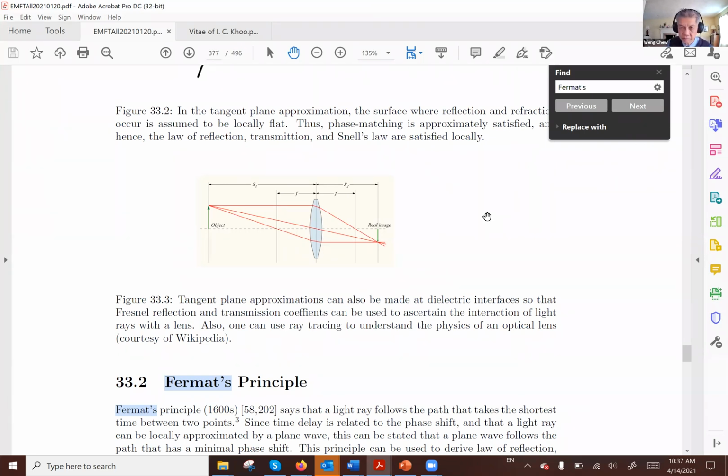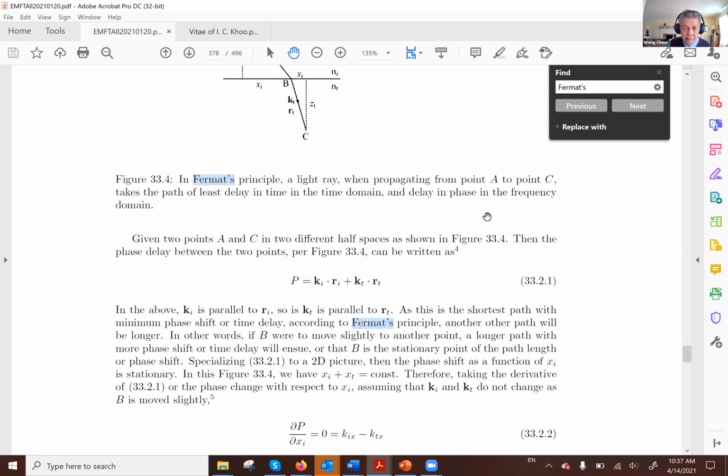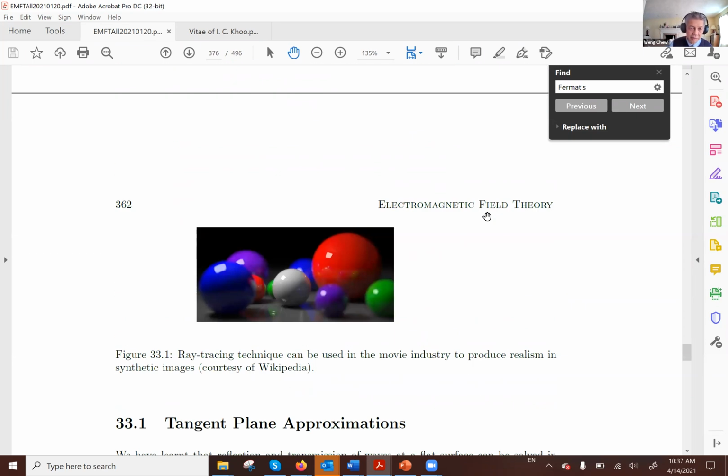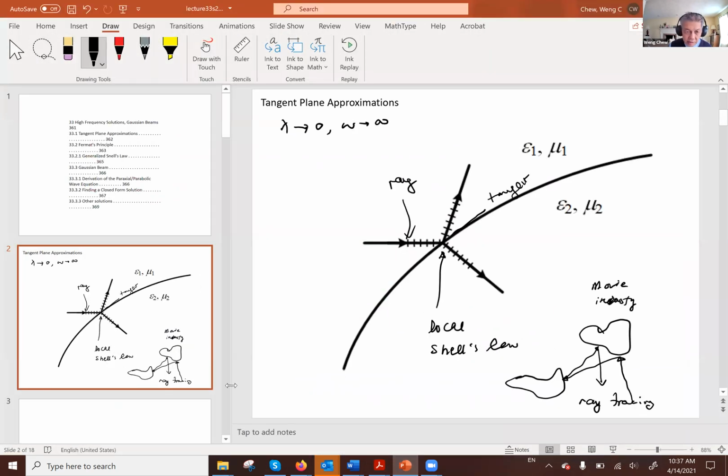There's a problem advancing the thing. Yeah, this is the consequence of ray tracing. And by doing ray tracing, you can make things look very realistic in the picture. As you can see, this is an important part of the movie industry these days.